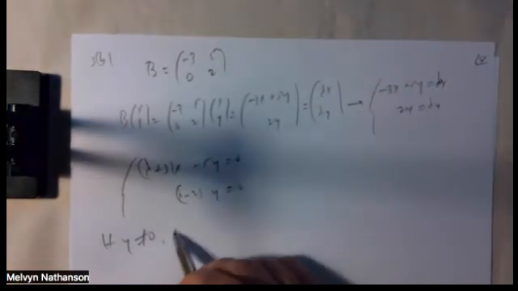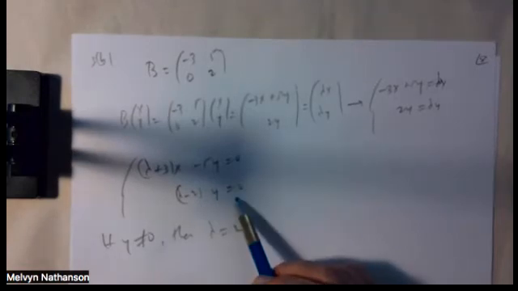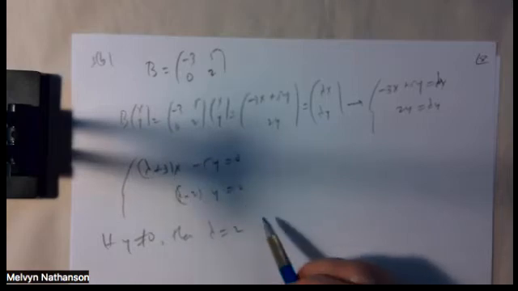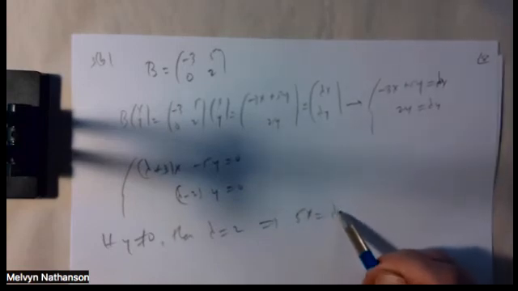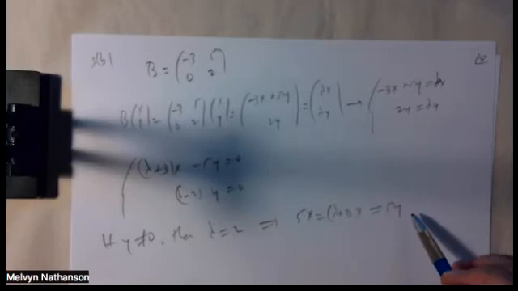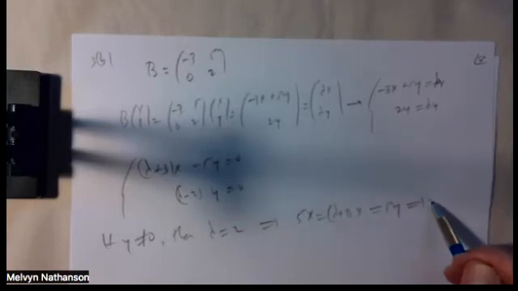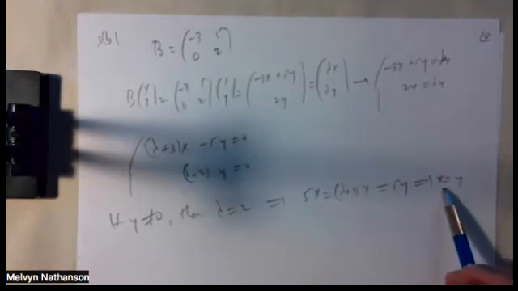So if y is different from 0, then lambda must equal 2 to solve this equation. And if lambda is equal to 2, then this says 5x equals 5y, which means x equals y. So we get one eigenvalue is 2, and the eigenvector has to be the vector where x equals y.